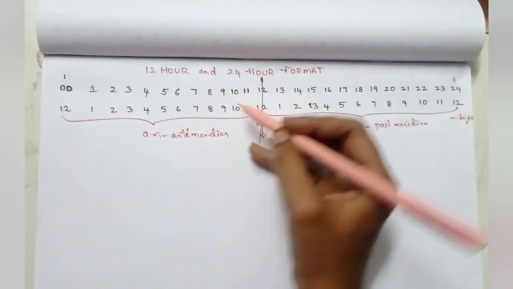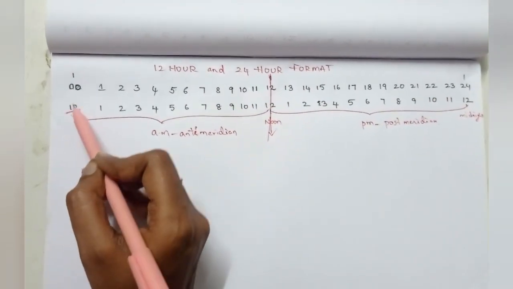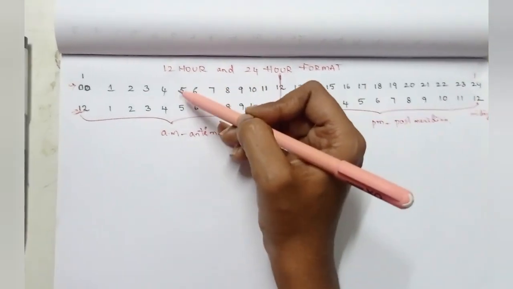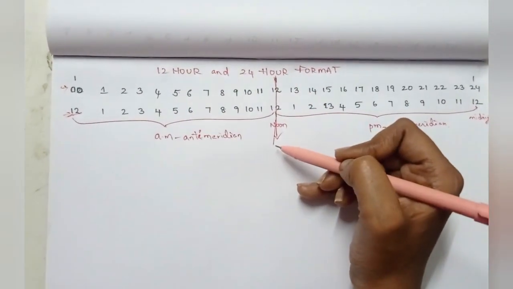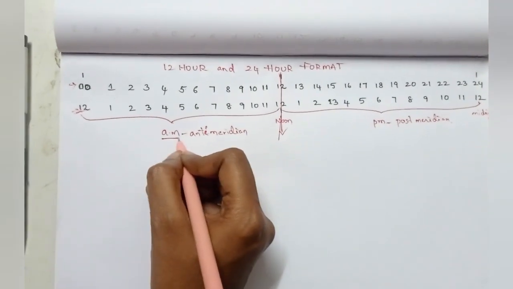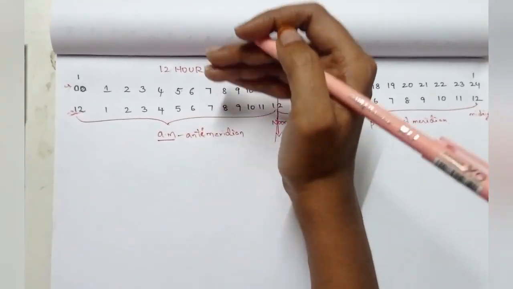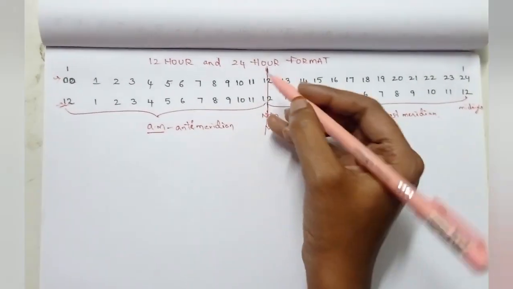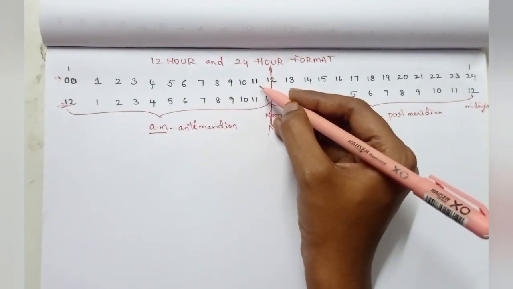So if you observe here, in the 12-hour format and in the 24-hour format, both the numbers are similar till 12 hours. So when the time is in AM, both the time in 24 and in 12-hour format, the numbers will not change. There is a small difference when you are writing a 24-hour format.